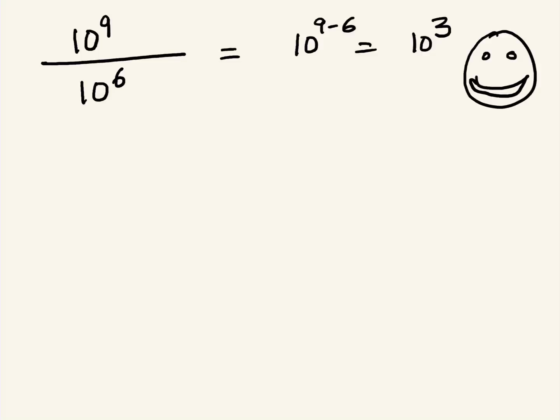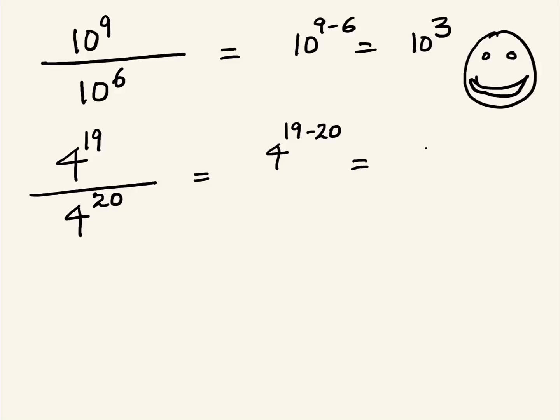Okay, one more question. 4 to the power 19 divided by 4 to the power of, should I give you 20? Okay, go ahead. So this will be 19 minus 20 and I get here a negative power. Is it possible? Very much possible. How? We will see it just now.